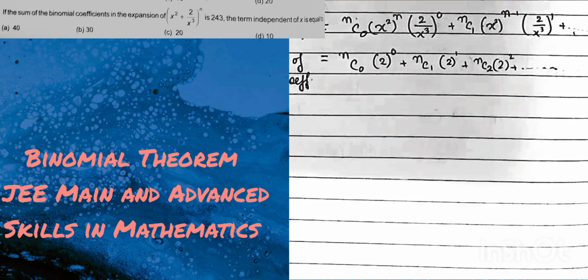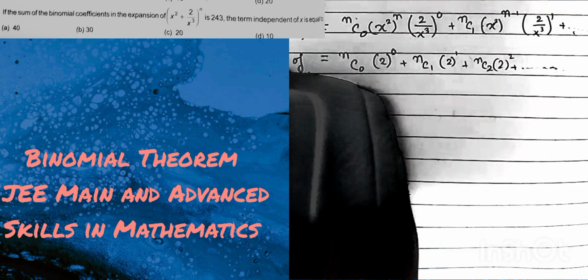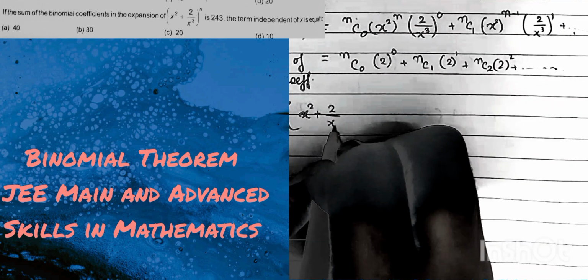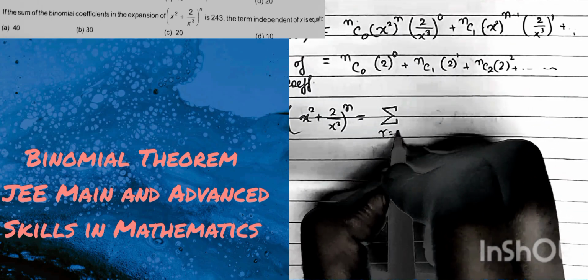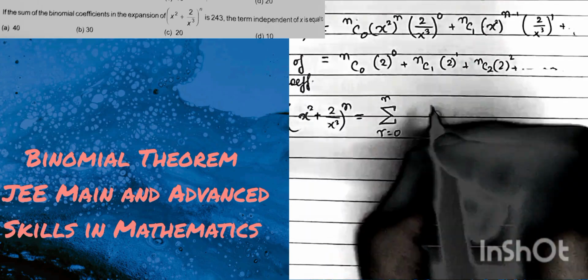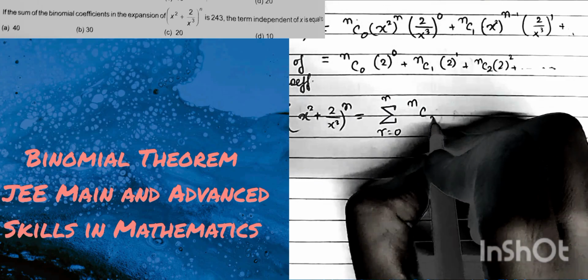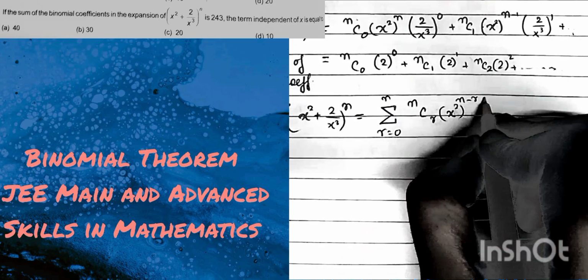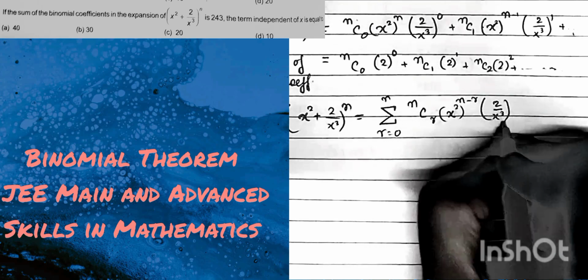Now there's one more thing we can do. This expansion can be written as the summation of r from 0 to n of nCr (x²)^(n-r) (2/x³)^r.